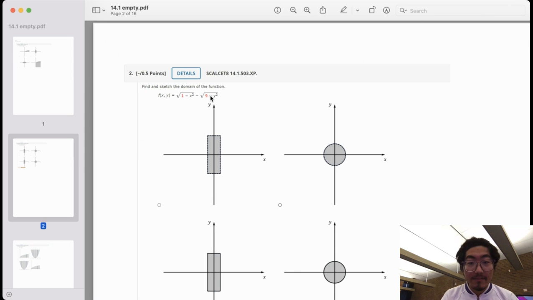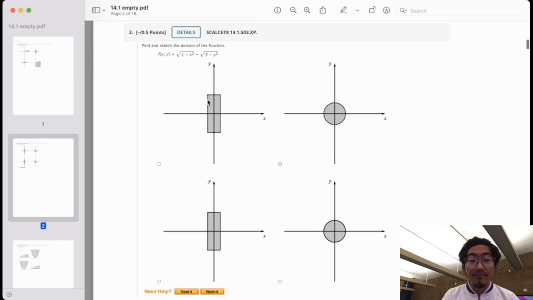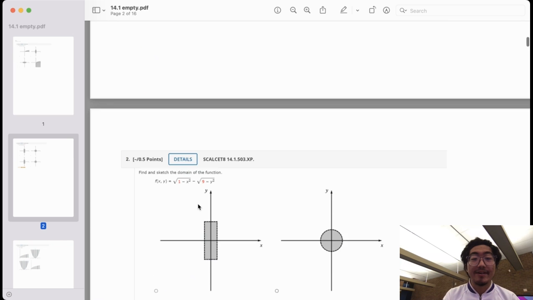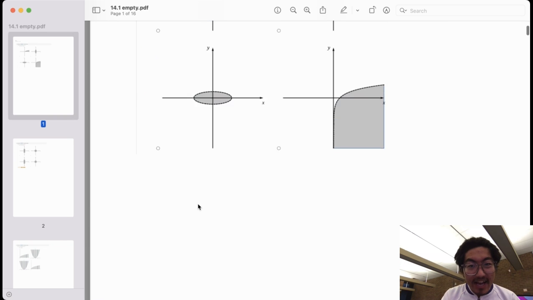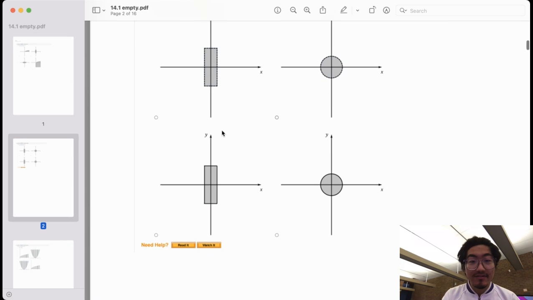It has the square root, so it's larger or equal to 0. For this, y is going to be from 3 to -3, x is going to be 1 or -1. This includes the boundary points, so it is a solid line. Previously, it was a dashed line ellipse. This one is a solid one.